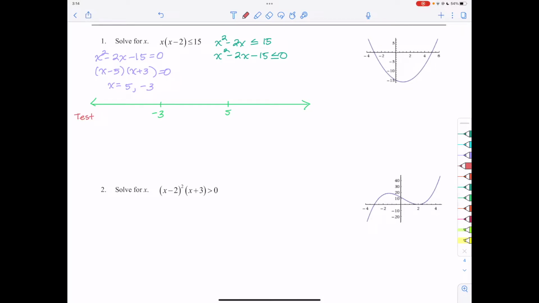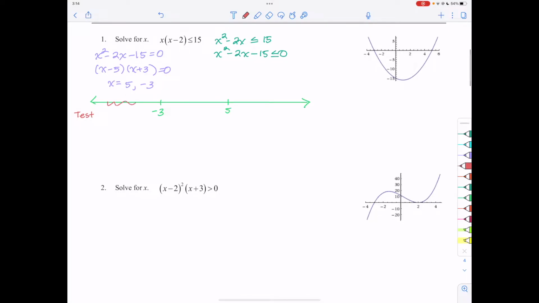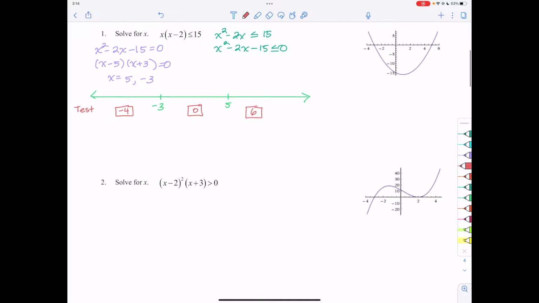And we're going to plug in any x values that are less than negative 3. I don't know, let's try a negative 4. And then we'll try, of course, we always like 0, that's in this interval. And then we'll try x equal to 6, but you could have chosen any value after 5, okay?